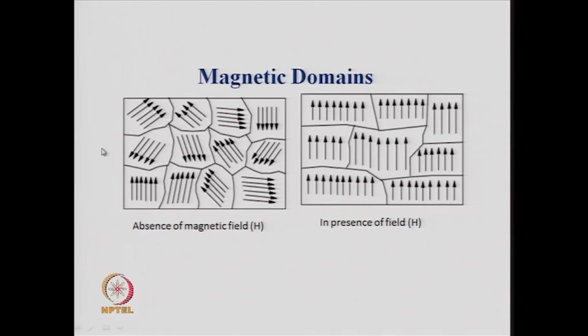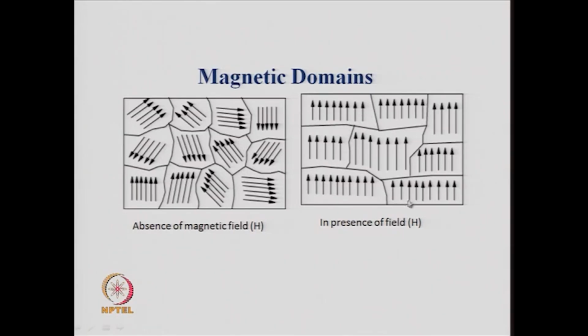You will get a much lower magnetic moment, and then if you apply the magnetic field, suddenly your magnetization will increase, and you will get that value which you expect for all the magnetic moments aligned in the same direction. And even if you remove the field, you should still get a magnetic moment, not like in this case.